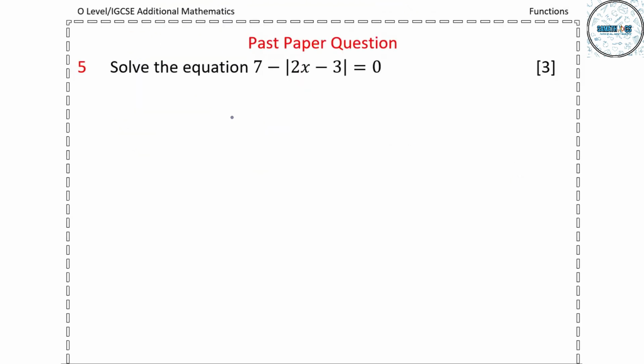Now we will solve a past paper question in which we have 7 minus absolute of 2x minus 3 is equal to 0. First of all, we can take minus absolute of 2x minus 3 on this side, so it will become positive.